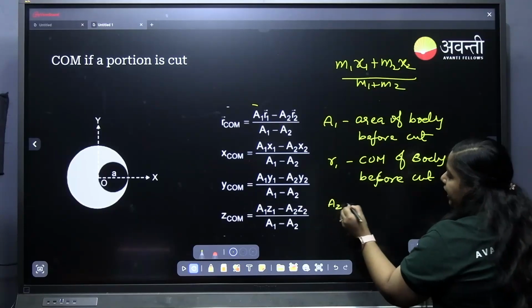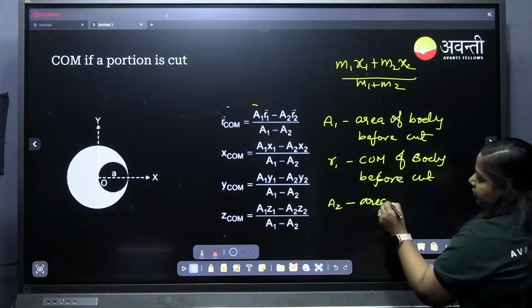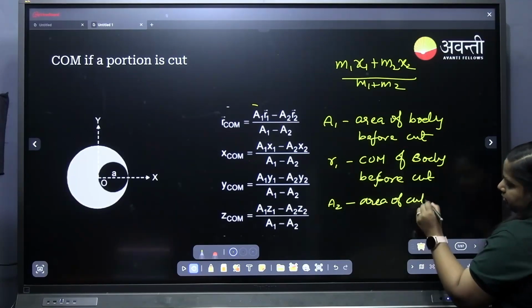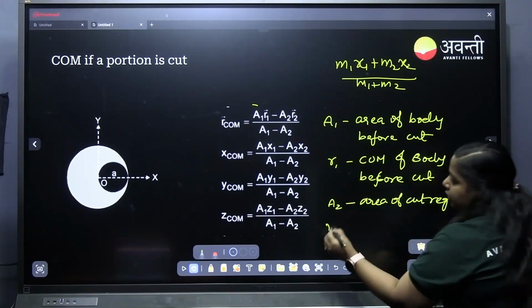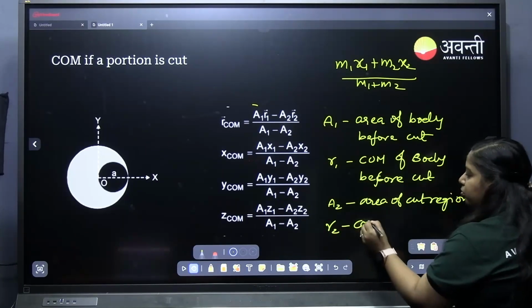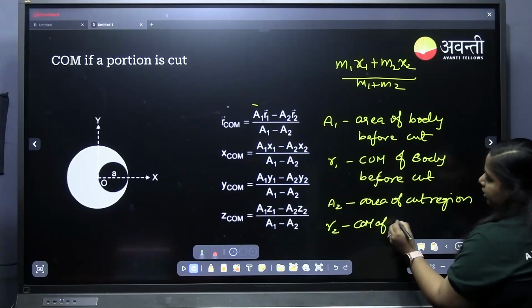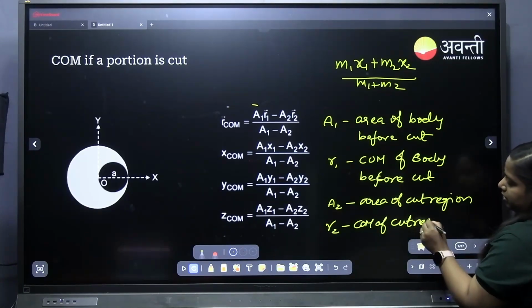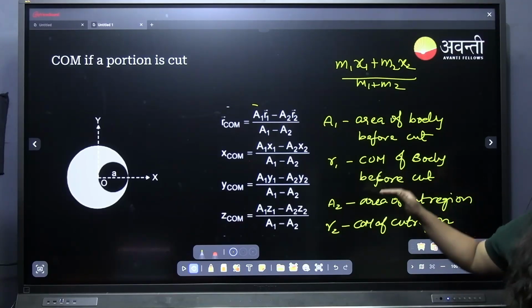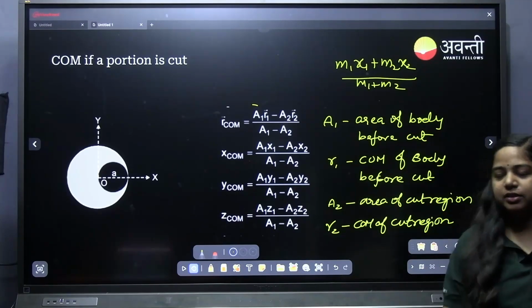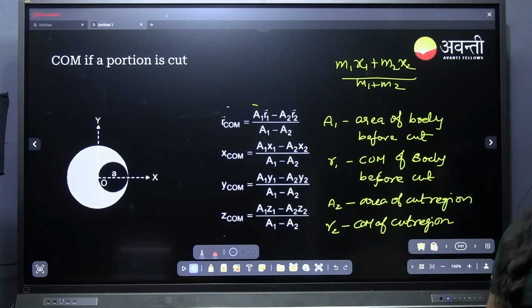A2 is area of cut region. And R2 is center of mass of cut region. If you apply this formula directly, you will get the answer. There are no other complications required.